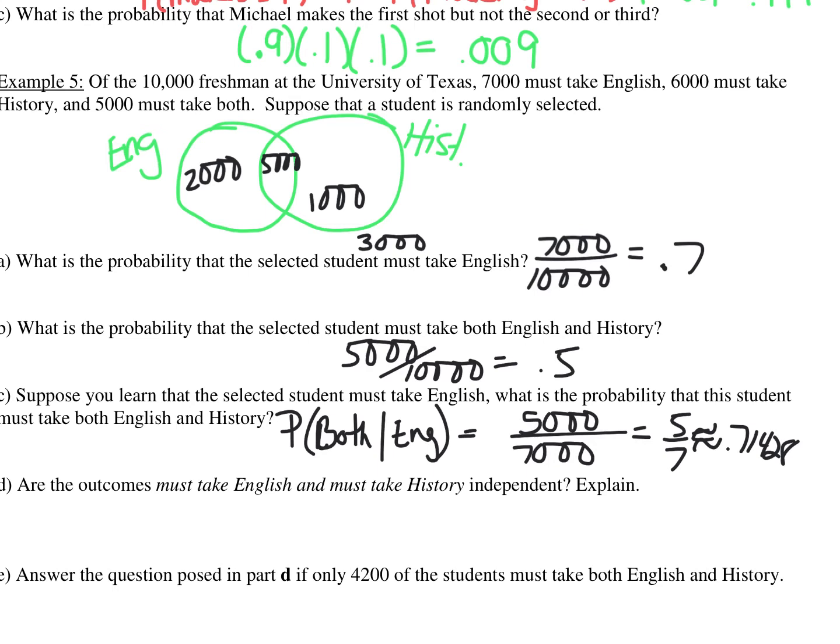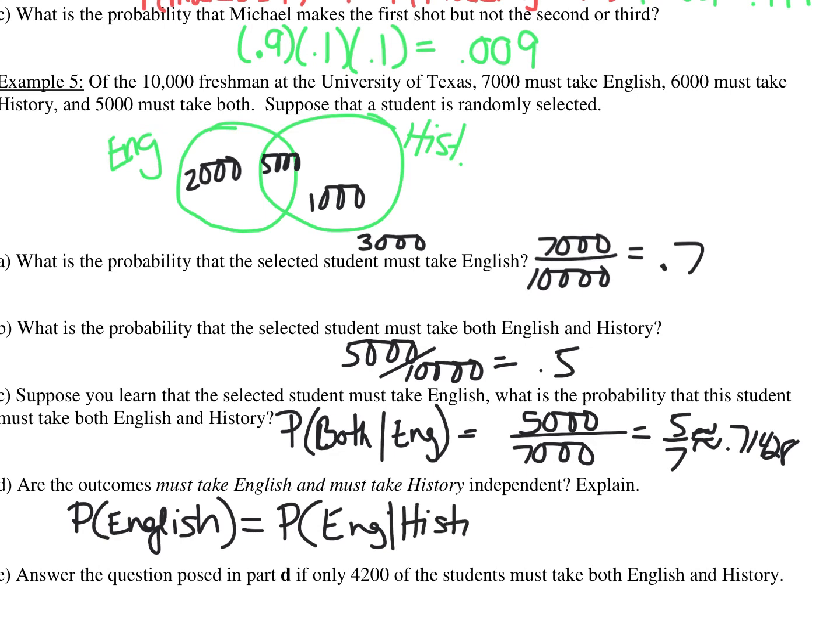All right. Are the outcomes must take English and must take history independent? So in order to answer this, this is saying the probability that you take English has to be equal to, this is now the 3rd time I'm addressing independence in this video alone, English given that they take history.